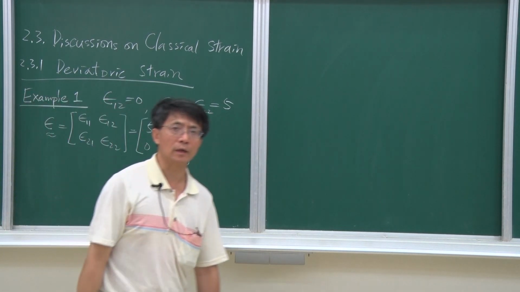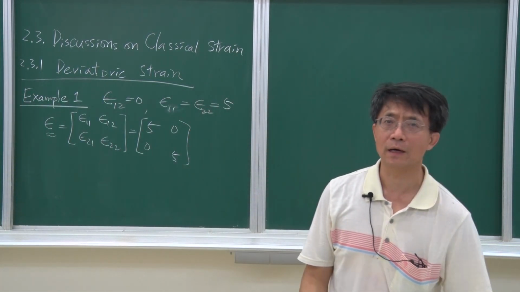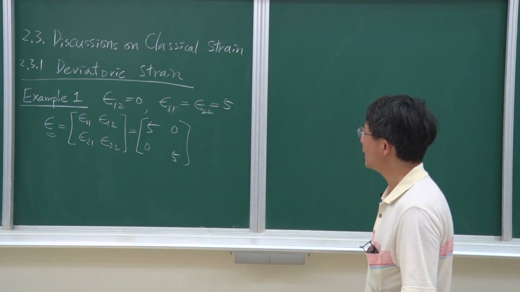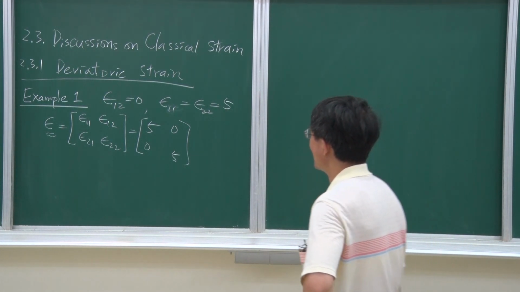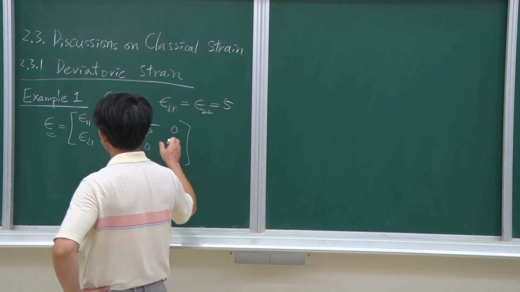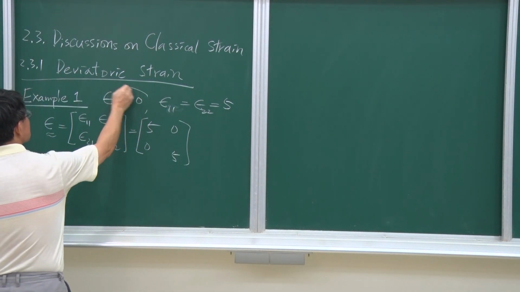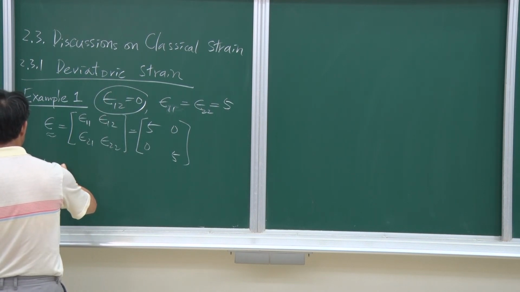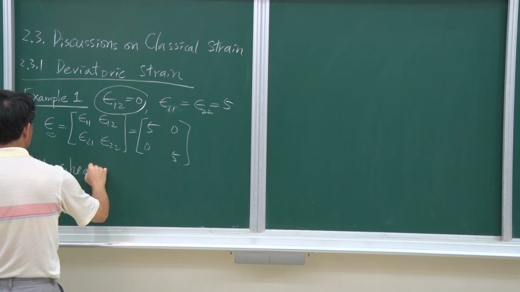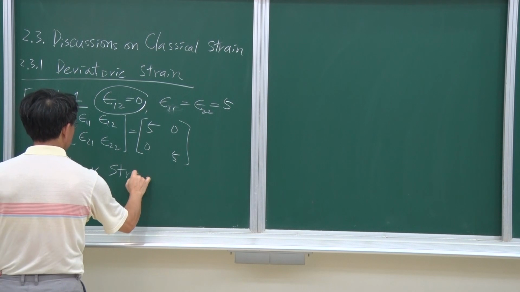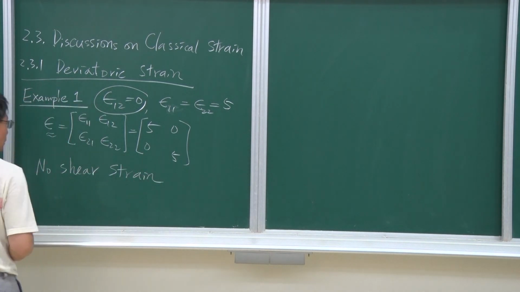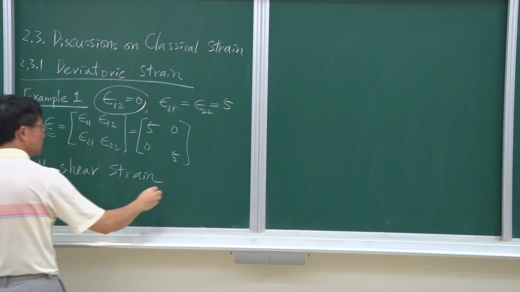What will the deformation look like in this example? It's simple because there's no shear strength. So-called low shear strength.